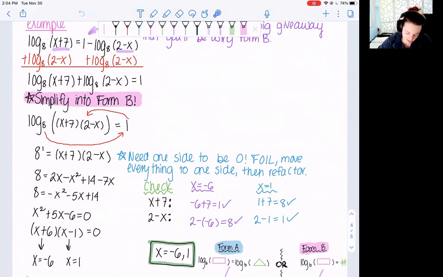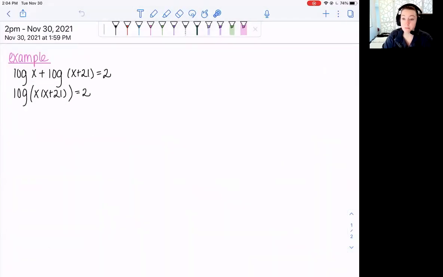There was a base to start at. But if you look at this problem here, there's no base written. So if there's no base explicitly written, what base is the logarithm? It'll be base 10. Yes, absolutely.